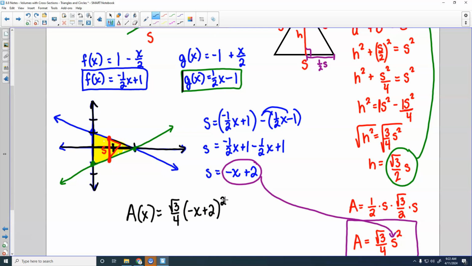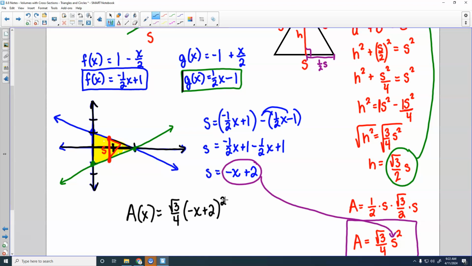I'm going to stop for a second here and see how we're doing. Yeah, you could set them equal to see where they cross to know what your limits need to be, and you could plug in to see which one's higher, or you could just picture it in your head there.